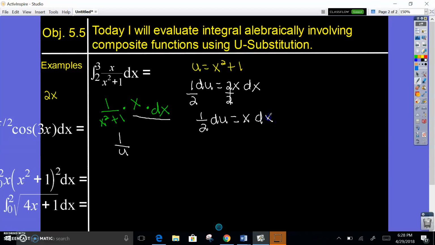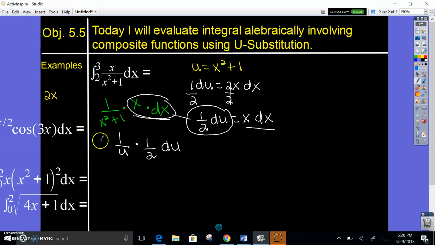And now we have exactly x dx show up right here, which means this x dx can be replaced by 1/2 du. So 1 over x squared plus 1 got replaced with 1 over u, and x dx is going to get replaced by 1/2 du.